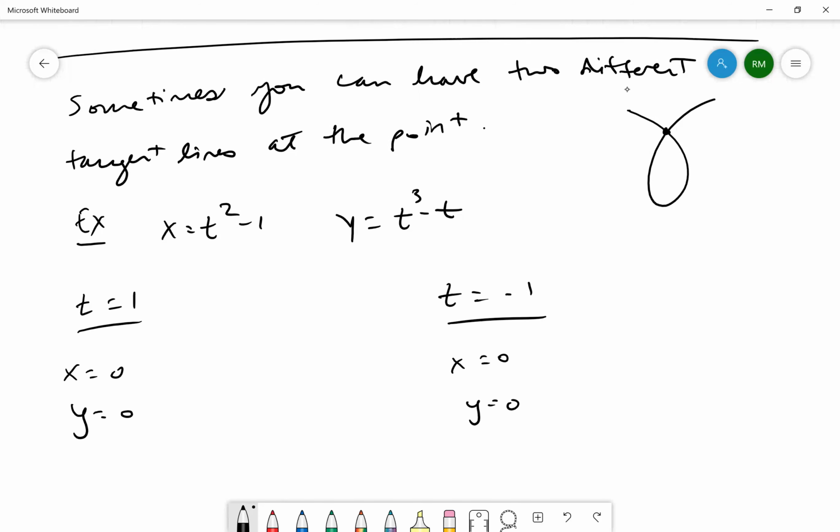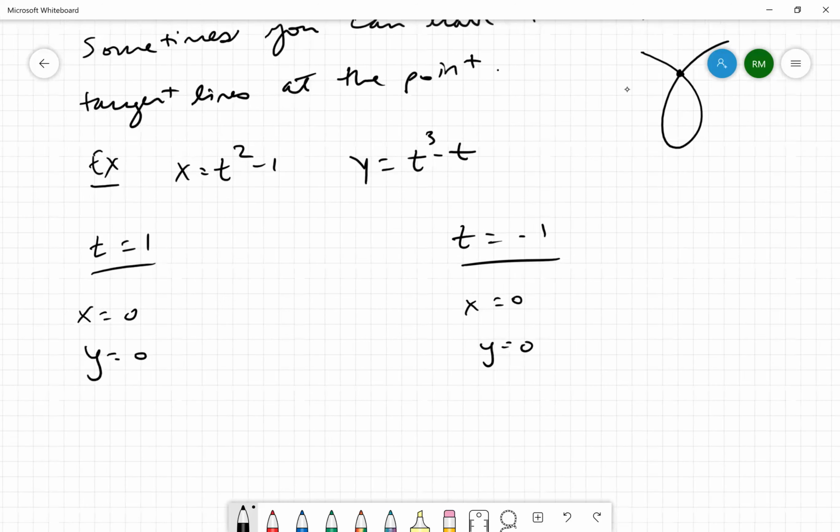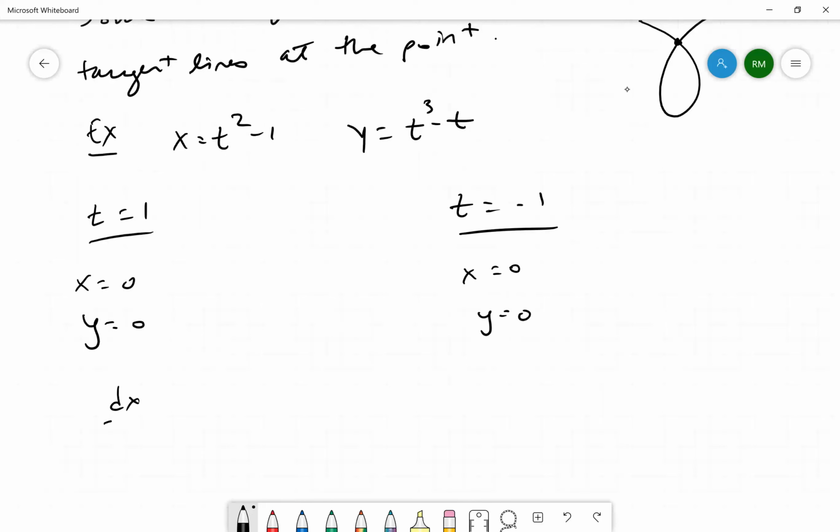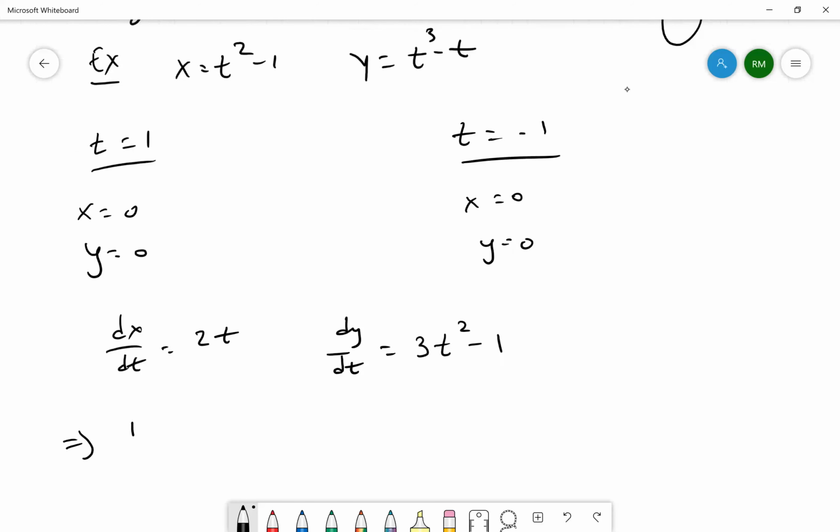So this curve is going to go through the origin twice. And let's find the tangent lines at those two points in time. So dx dt is just 2t, dy dt is 3t squared minus 1. So this tells us that dy dx is equal to 3t squared minus 1 over 2t.